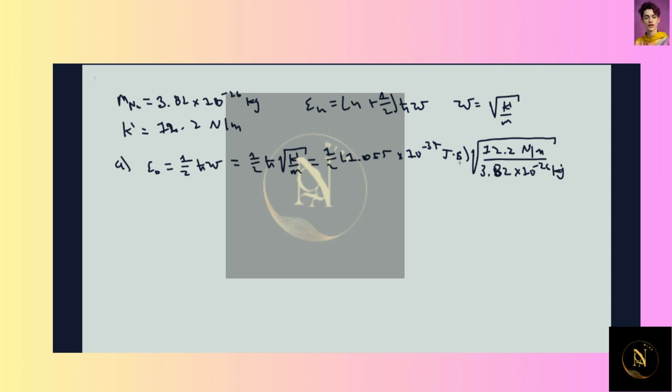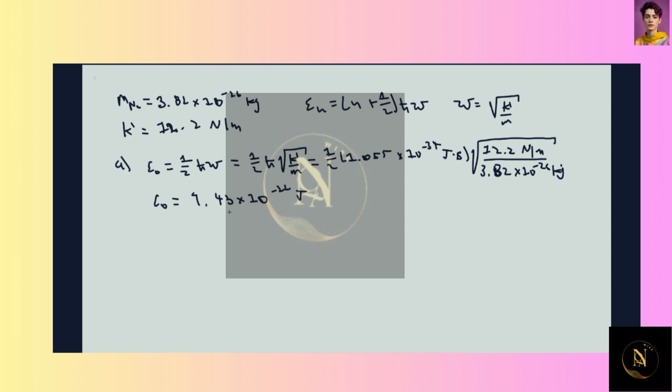Okay, so we work this out, and after the plug and chug, we get E sub 0 is equal to 9.43 times 10 to the minus 22 joules.